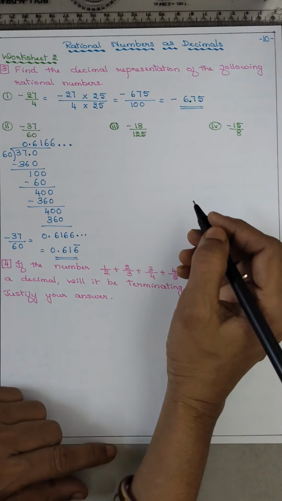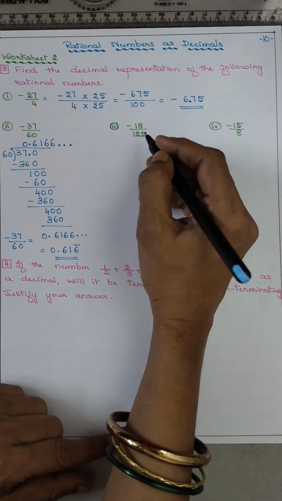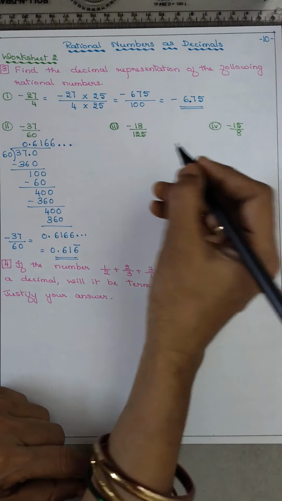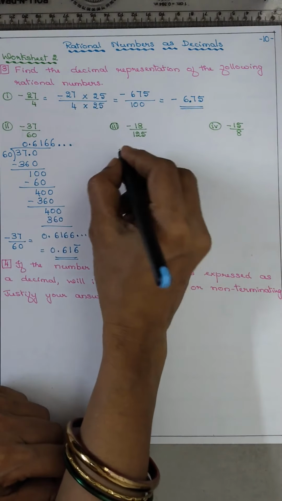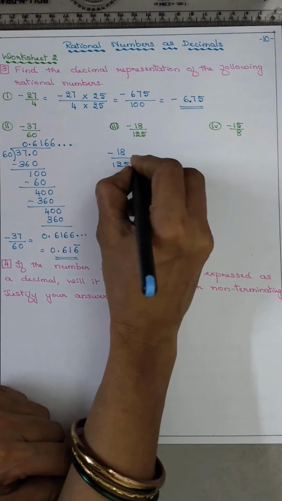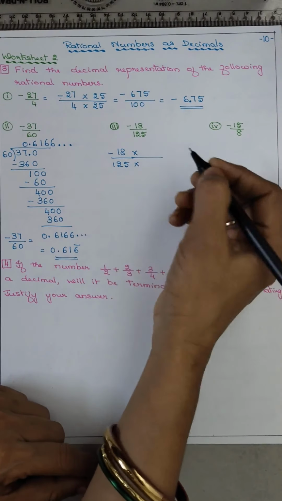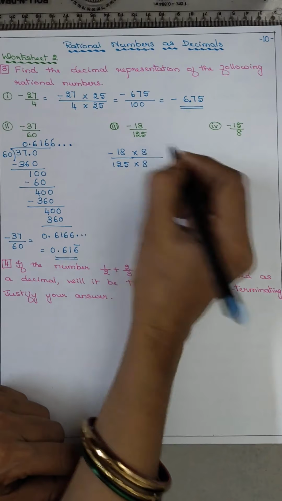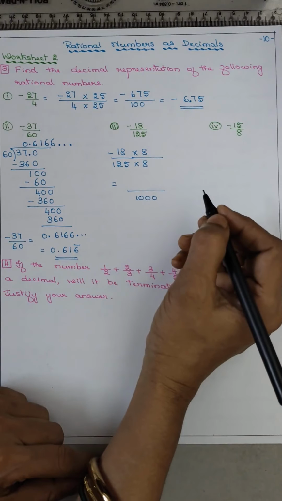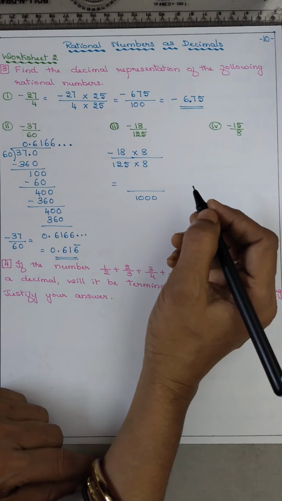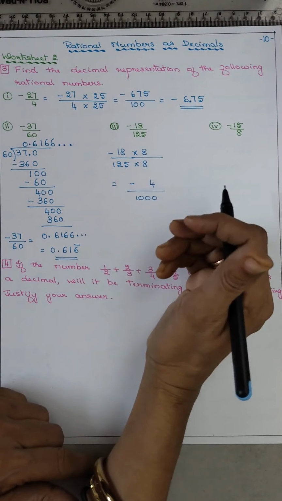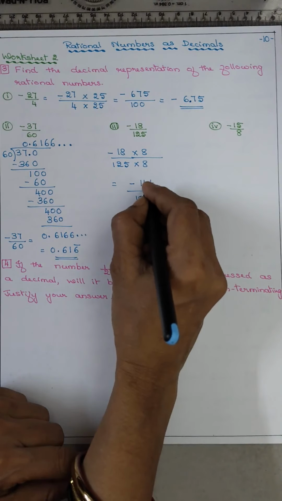Now coming to the next sum, minus 18 by 125. You remember this method, isn't it? Minus 18 by 125. So 125 8s are 1000, so the denominator is 1000. 8 8s are 64, 8 1s are 8, 9, 10, 14.